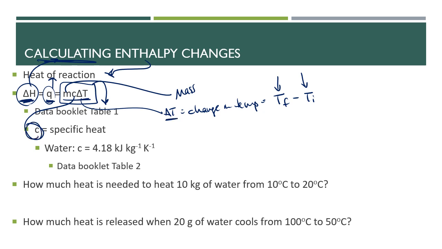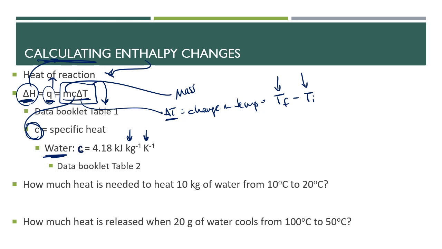Let's talk about this super cool thing, c, specific heat. Specific heat is the amount of energy required to change a specific quantity of mass of a substance by a specific temperature change. Most of the time we're going to talk about kilograms and Kelvin here in IB Chem. So for water, the specific heat is a constant.